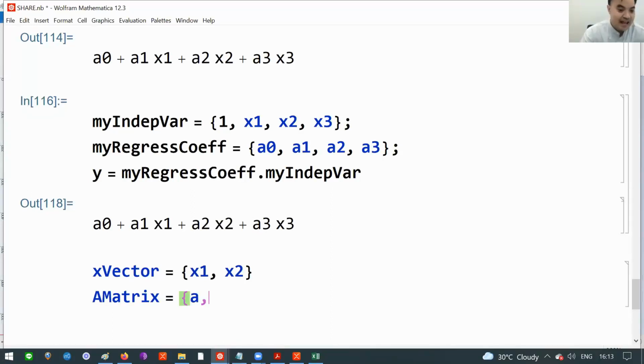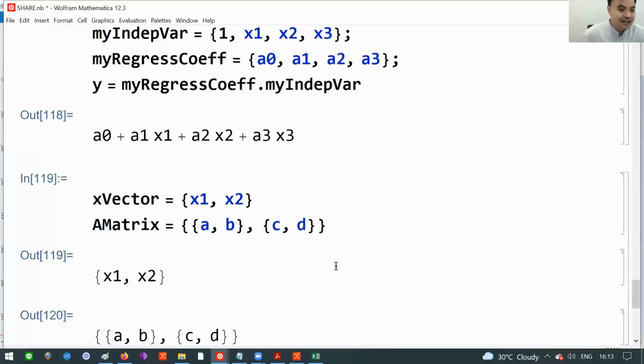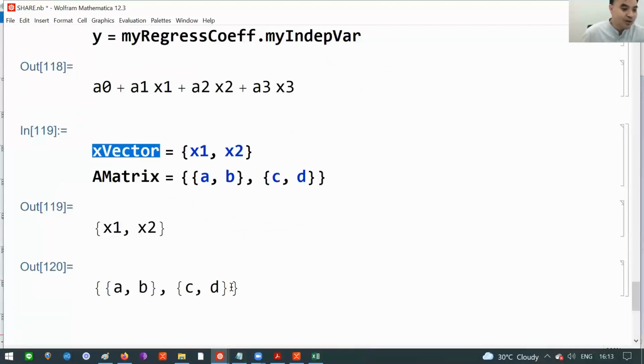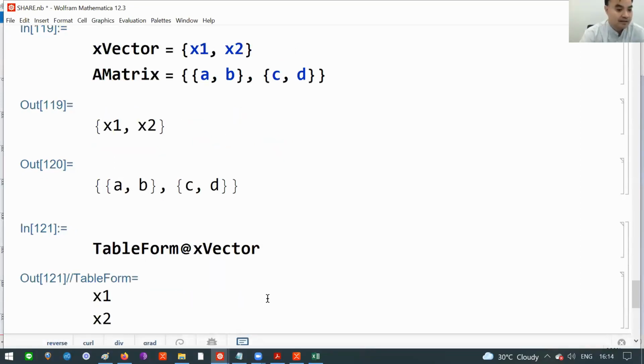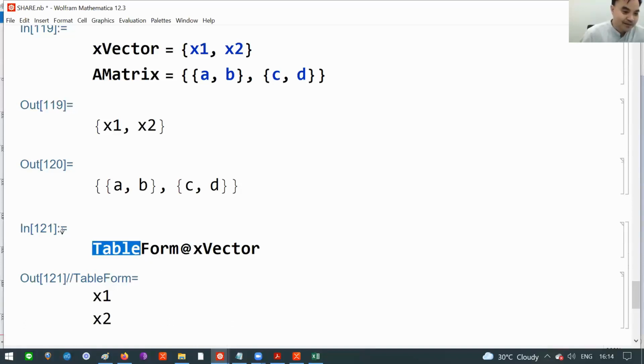I'm going to say a and b, and then below that, I'm going to put c and d. Okay, and put them together. Now, if you want to look at what it would look like in a textbook, you put it in table form. Okay. Sorry, matrix form.